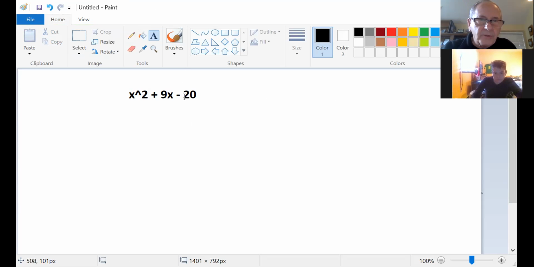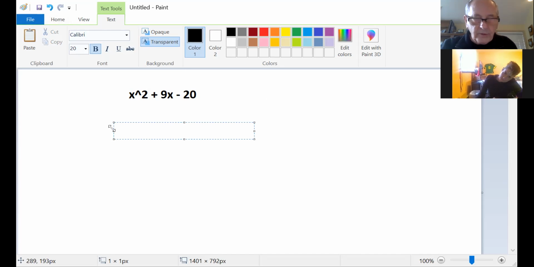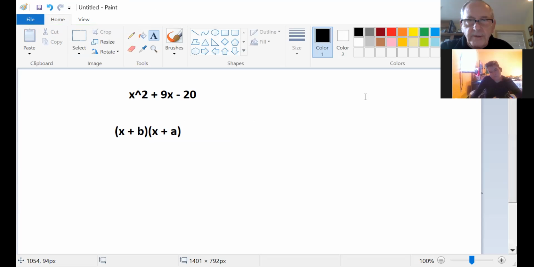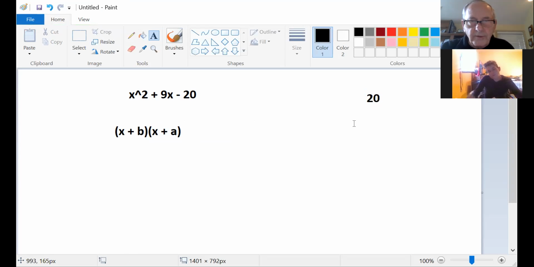You look at that last term, and you know that if it's factorable, it's gonna be x plus b times x plus something. When I'm looking at this last term, I know it's going to be this times this. So what are some ways I can get minus 20 in this equation?